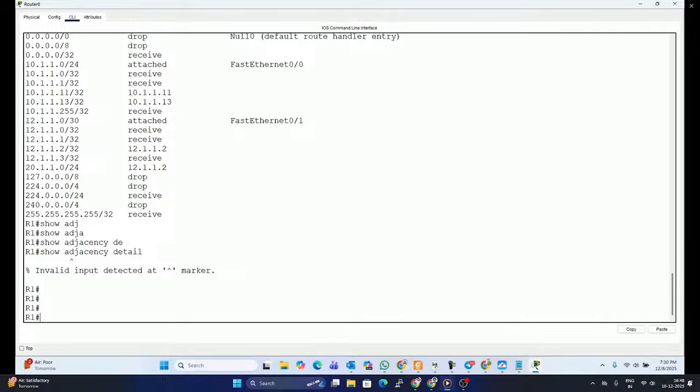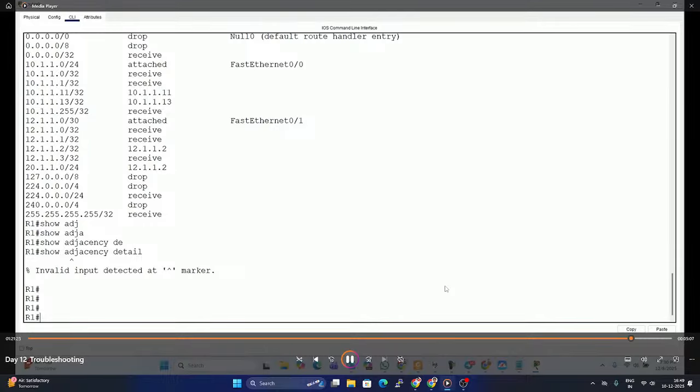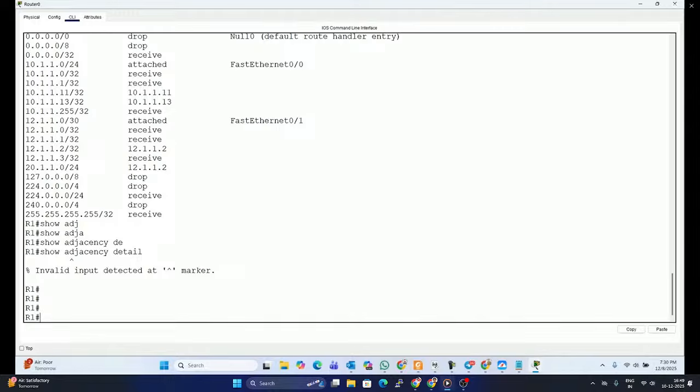In this case, you will be seeing the MAC address information. That we can check the adjacency table also, guys.